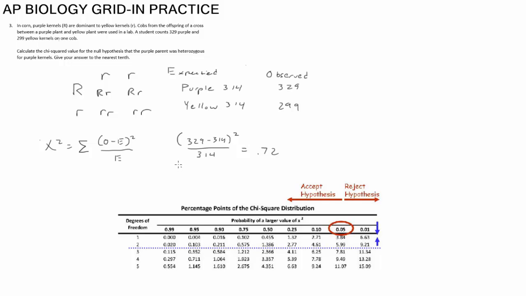And then for the yellow, I similarly do 299 minus 314, that quantity squared over 314. The difference between 329 and 314 and 299 and 314 is actually the same, so I end up with the same number of 0.72.